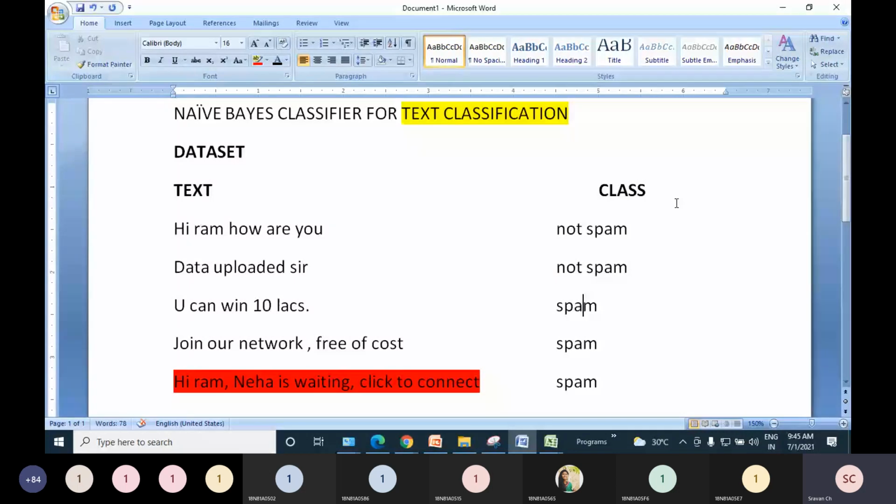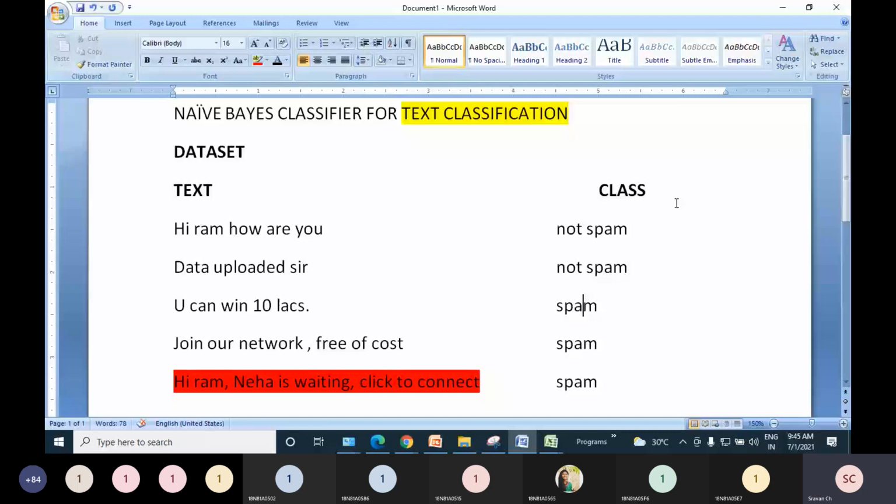Similarly, we have two output classes here. They are spam and not spam, meaning whether an email is considered to be spam or not spam. Shall I flag an email as a spam email, or shall I put it into the inbox? That will be decided based on this algorithm's output.